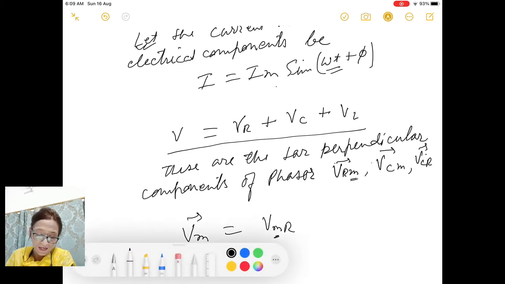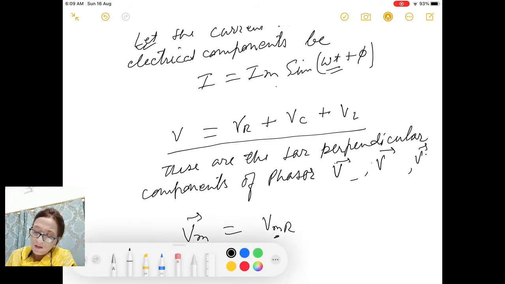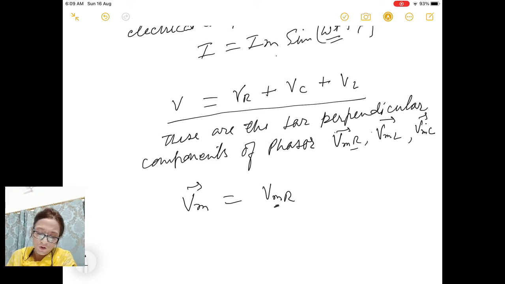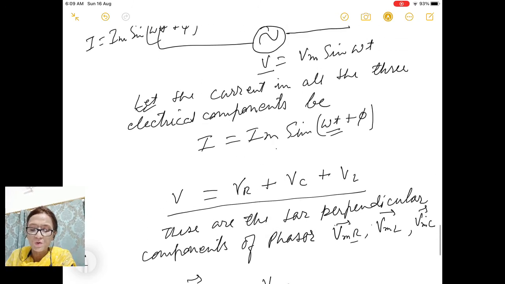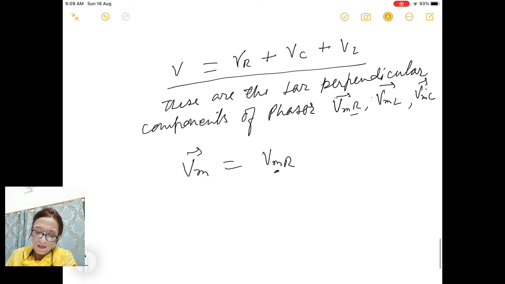So you can take it any way, you can take the amplitude before also: VMR, VML, VMC. So your voltage amplitude of the applied voltage can be given by VMR plus VML plus VMC.